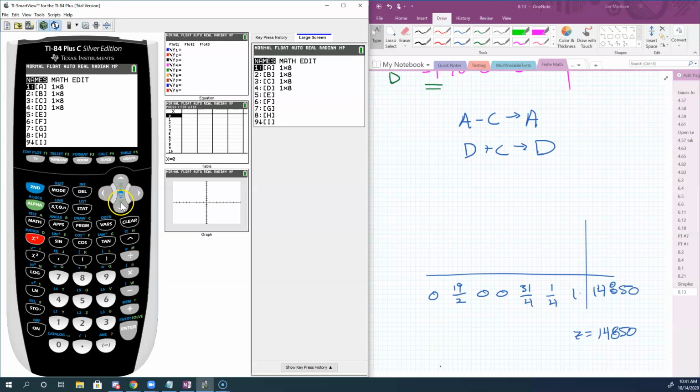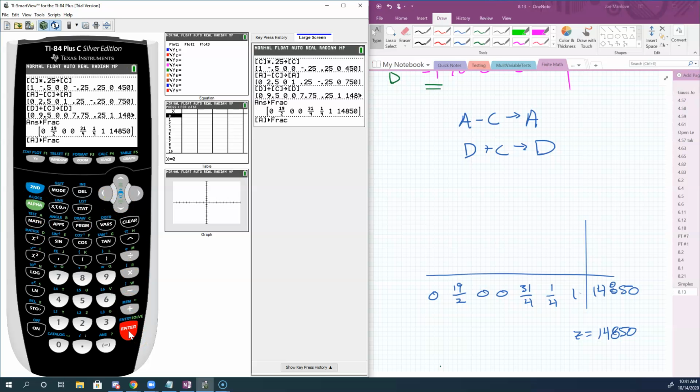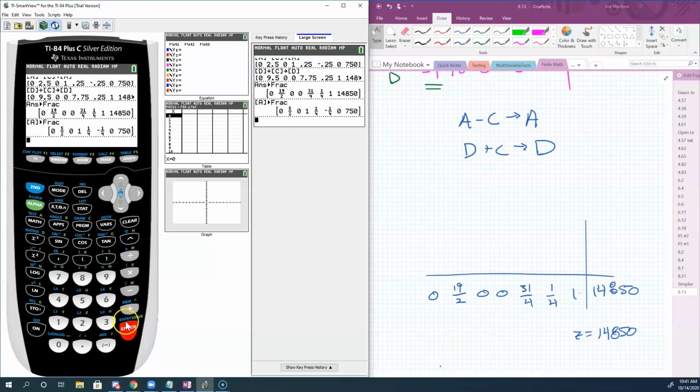I'm going to go into matrix and put matrix A in there. So I'm just going to take A and turn it into fractions. So that's going to dump my first row out. That means my first row is 0, 5 halves, 0, 1, 1 quarter, minus 1 quarter, 0, and 750. Then I'm going to do that exact same thing with matrix B.